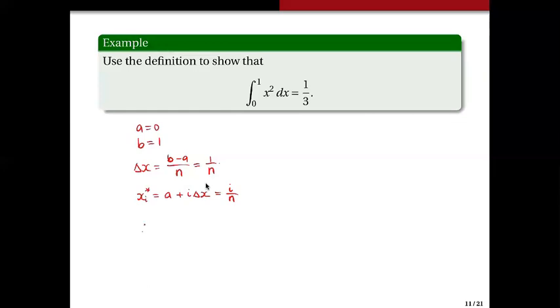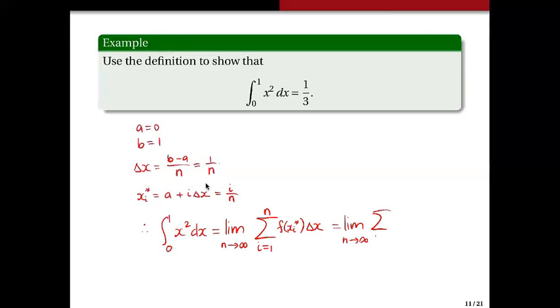Therefore, what do we have? The integral from 0 to 1 of x squared dx is now the limit as n approaches plus infinity of the sum from i equals 1 up to n of f of x sub i star delta x. This is equal to the limit as n approaches infinity of the sum from i equals 1 to n.